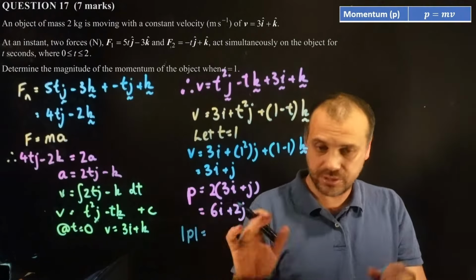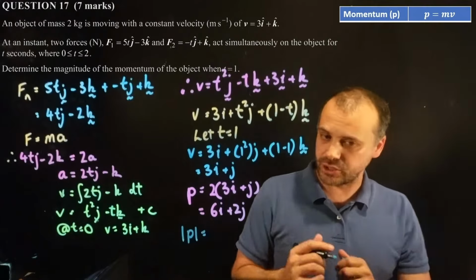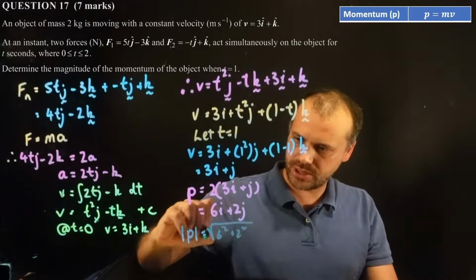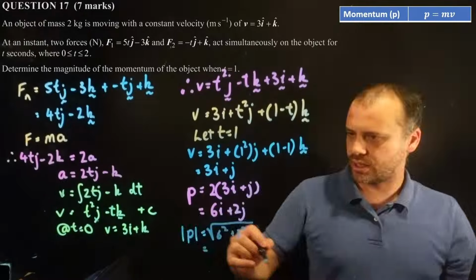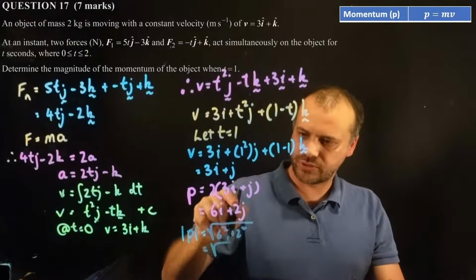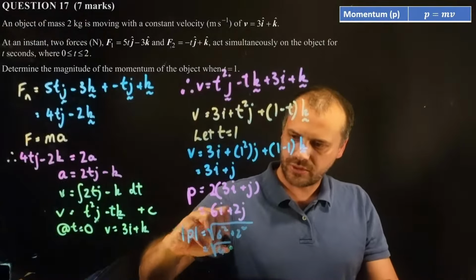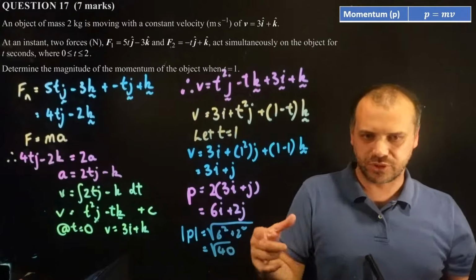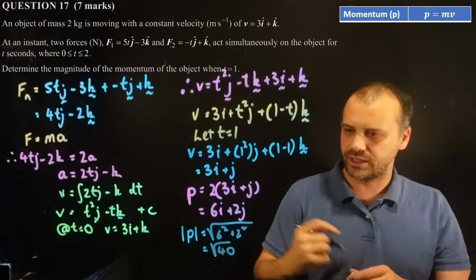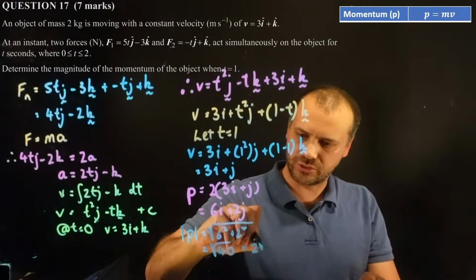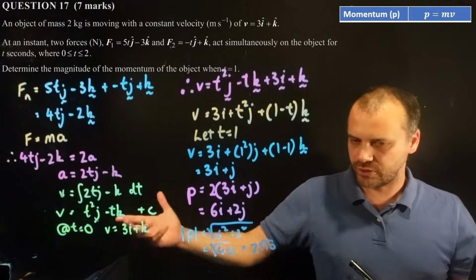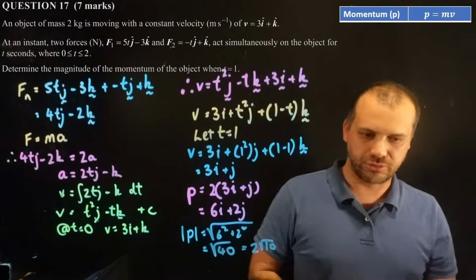Now, the momentum is just a vector. To find the magnitude of any vector, 6 squared plus 2 squared, we end up with the square root of 36 plus 4, 40. I think I can do a little bit better than that. That's like 4 times 10. I can bring a 2 out. I can get 2 root 10. The magnitude of the momentum, 2 root 10.